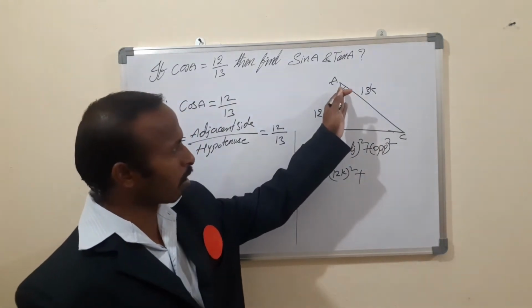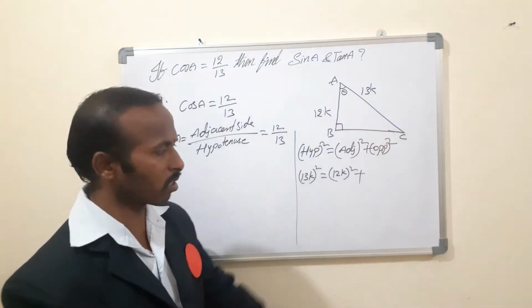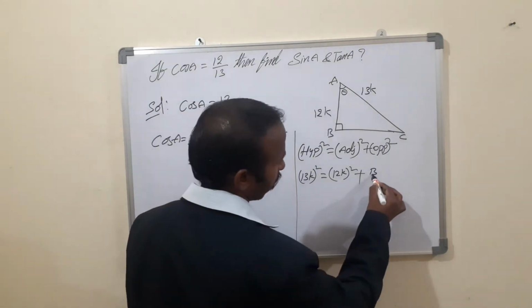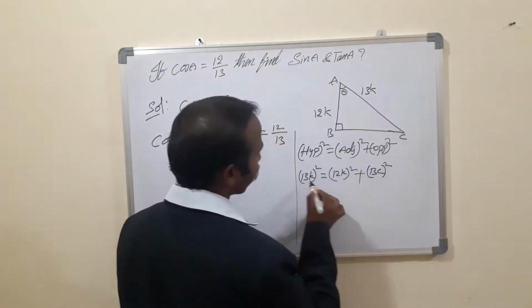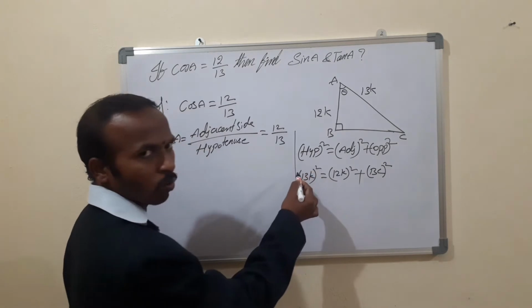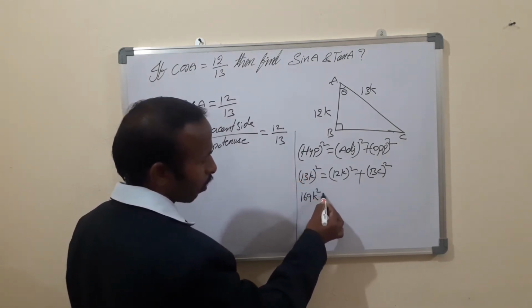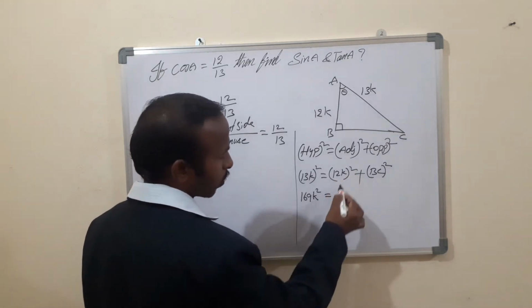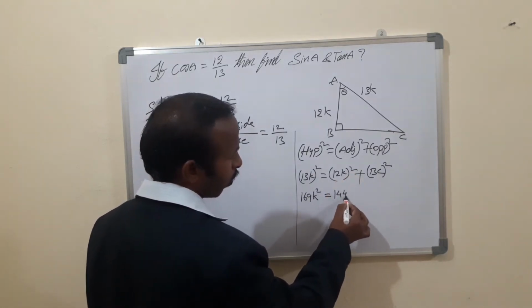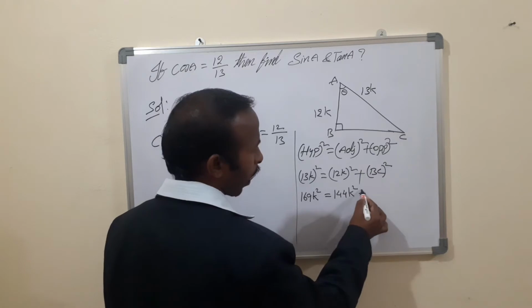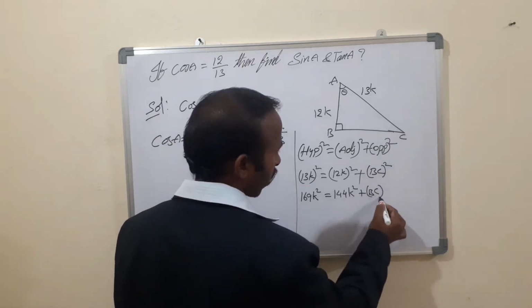The opposite side of the theta is BC, that is BC whole square. Now 13K whole square is how much? 169K square equal to 12K whole square, that is 144K square, plus BC whole square.